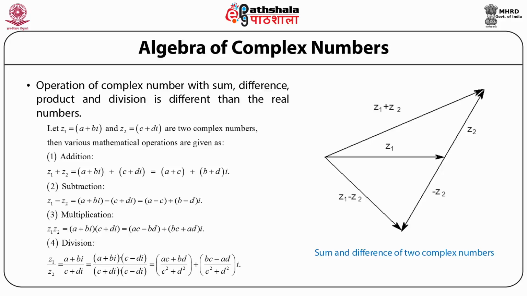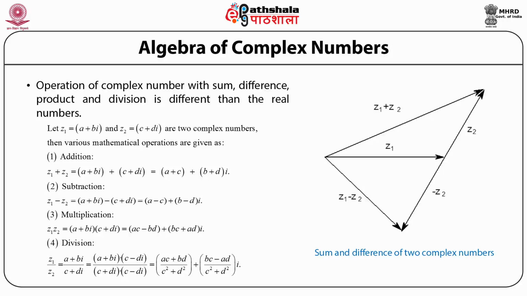We can represent the complex number Z1 as A plus Bi, and Z2 as C plus Di. The formula for addition: Z1 plus Z2 is simply the addition of the real parts, A plus C, and the addition of the imaginary parts, B plus D, times i. The subtraction is again the subtraction of the two real numbers, A minus C, and the subtraction of the two imaginary numbers, B minus D, times i.